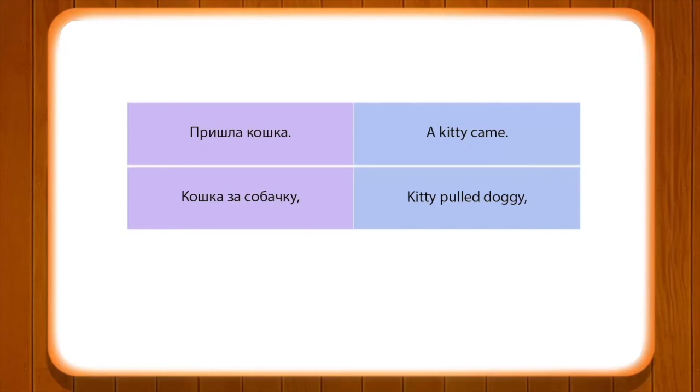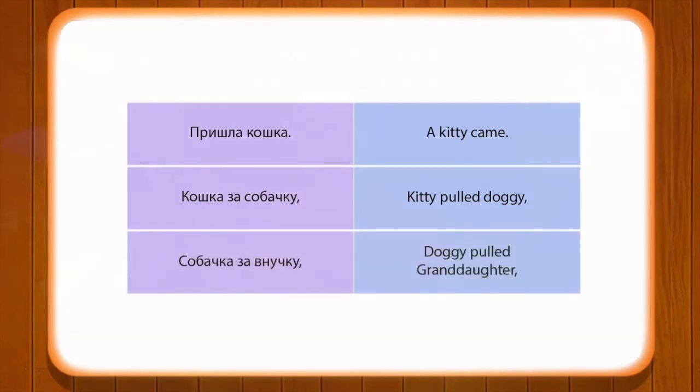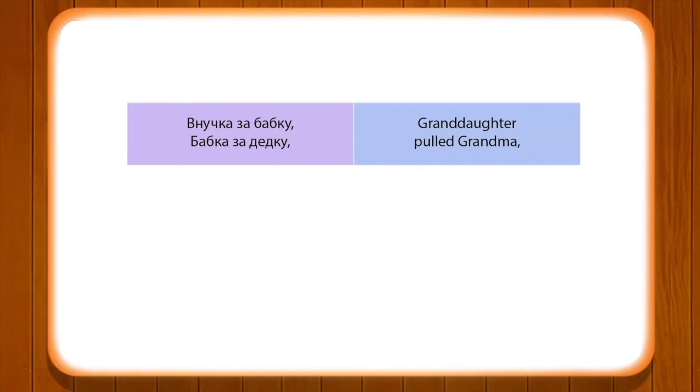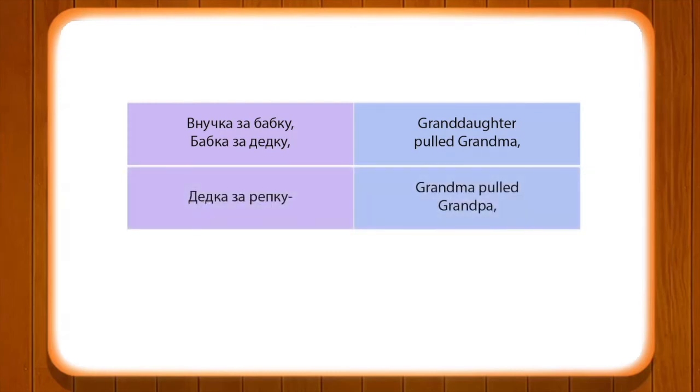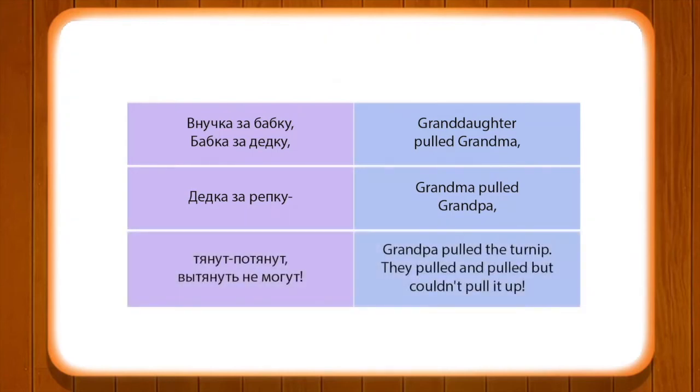The construction goes further in the same manner. Koshka za sabachku, sabachka za vnuchku, vnuchka za babku, babka za dzietku, a dzietka за репку. Тянут, потянут, вытянуть не могут. In the same way, it has the same meaning and same construction.